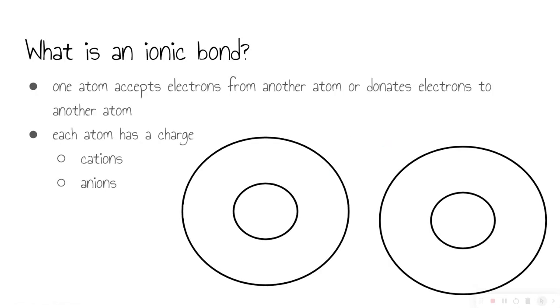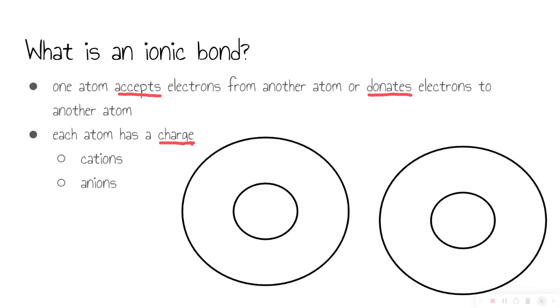Alright, so what is an ionic bond? In an ionic bond, one atom is going to accept electrons from another atom, or it is going to donate electrons to another atom. Because of this, each atom involved is going to have a charge. Most of the atoms we've talked about so far are neutral atoms. They have the same number of protons and electrons.